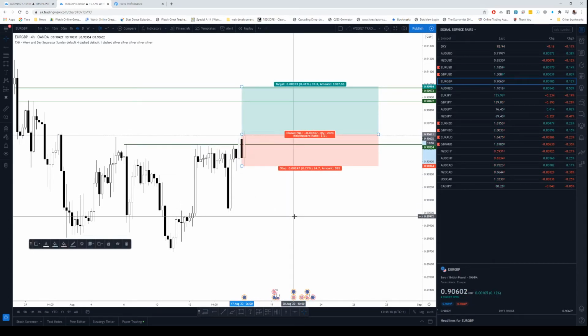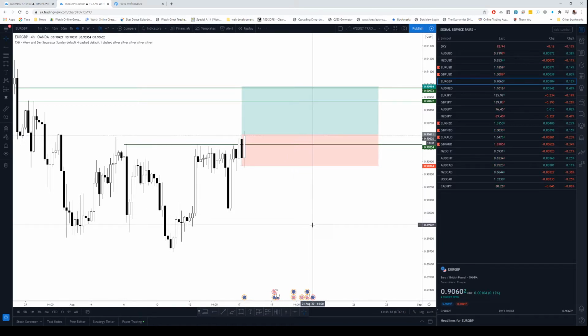I did get a question over the weekend about why some trades I do not post in the Telegram. These are one of those scenarios.